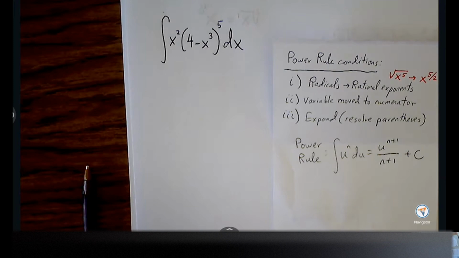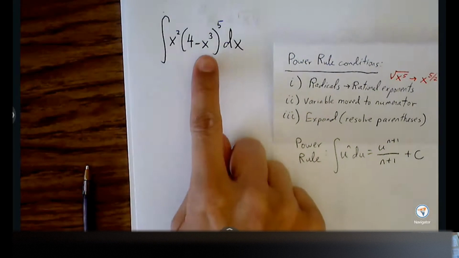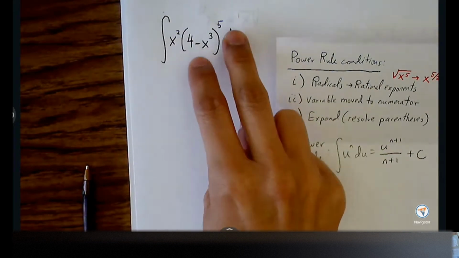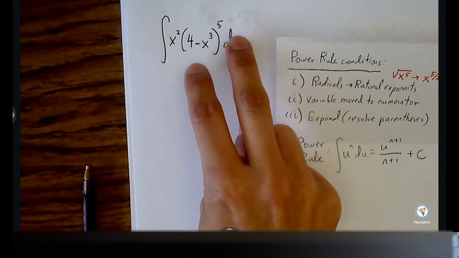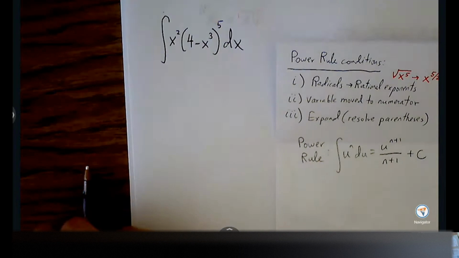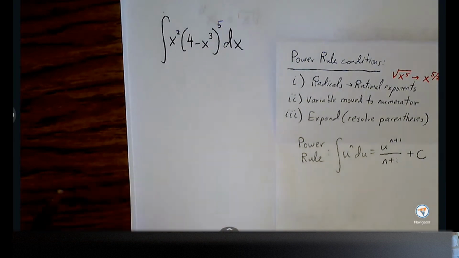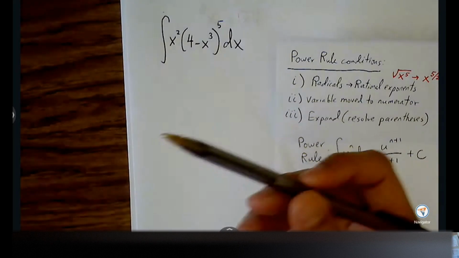What do you think? Or if you wanted to expand this, do you know how to expand the 4 minus x cubed to the 5th? We could just multiply the 4 minus x cubed 5 times. Yeah, so it's 5 times, right?